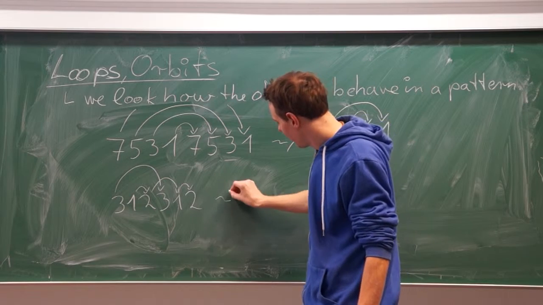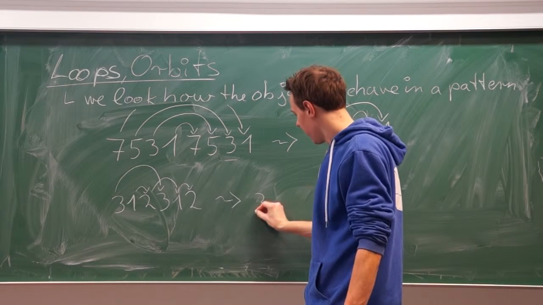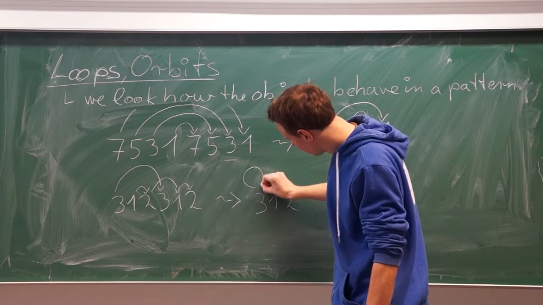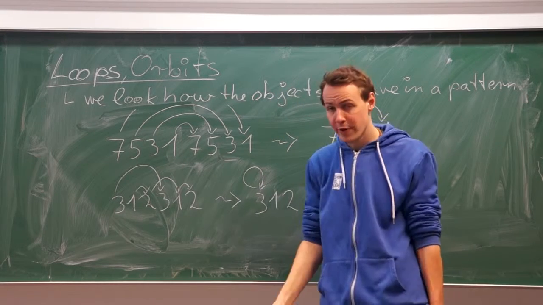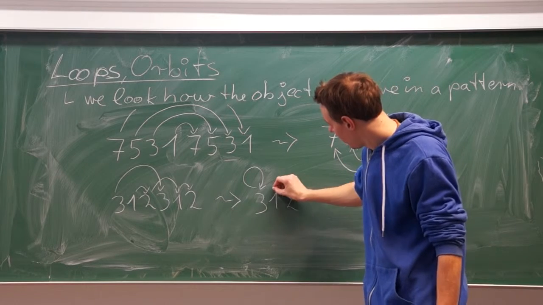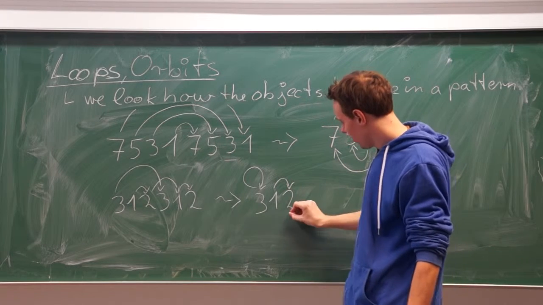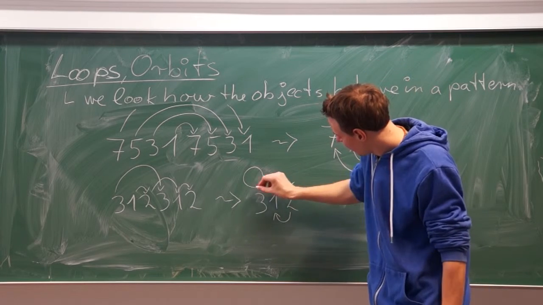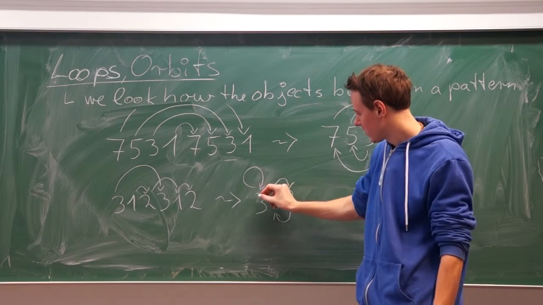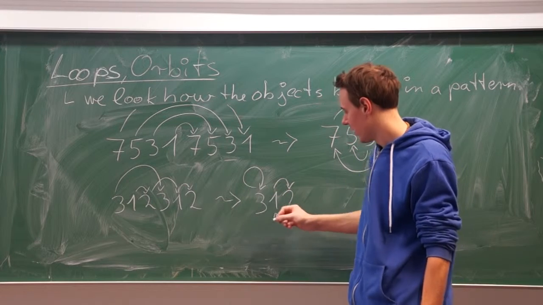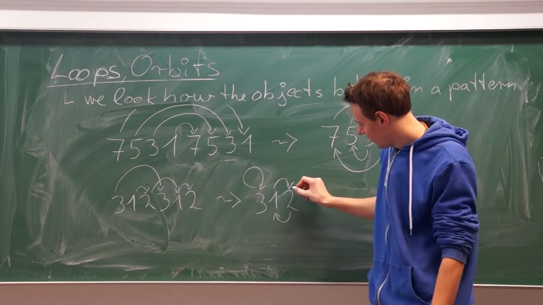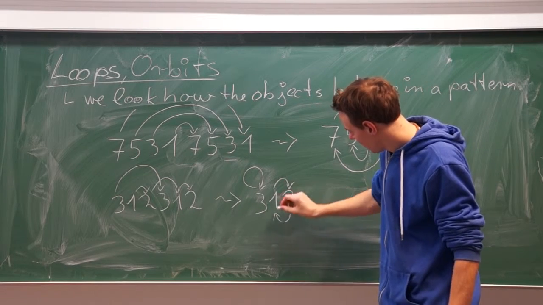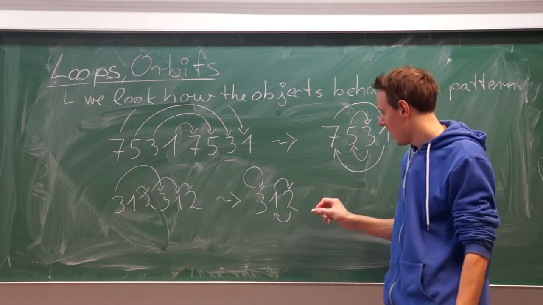So I conclude, when I just look at the objects, the 3 is going to be the 3, and always will be the 3, and the 1 goes to the 2, and the 2 is going back to the 1. This is something we call a loop, because it goes to the same throw again. And this is an orbit. It's something that is fixed, but it's changing a little bit.